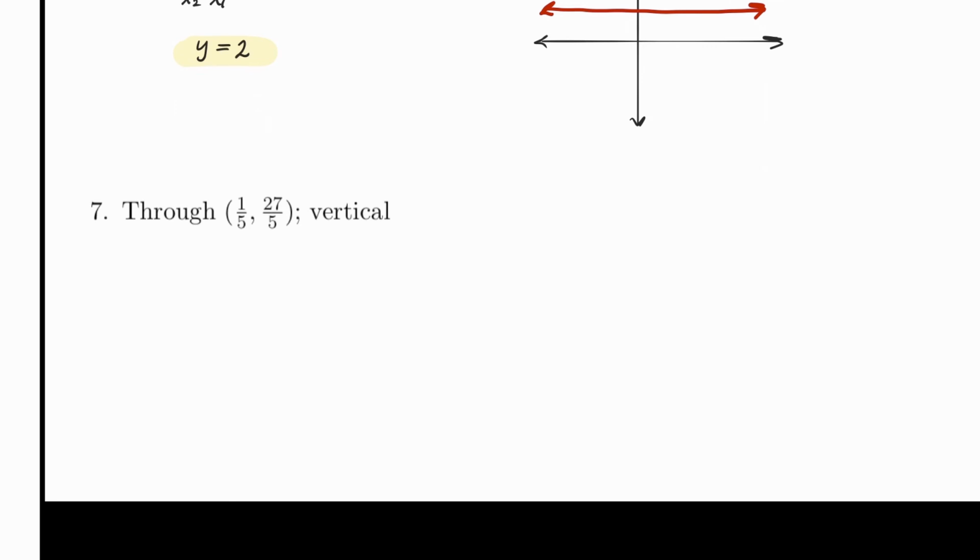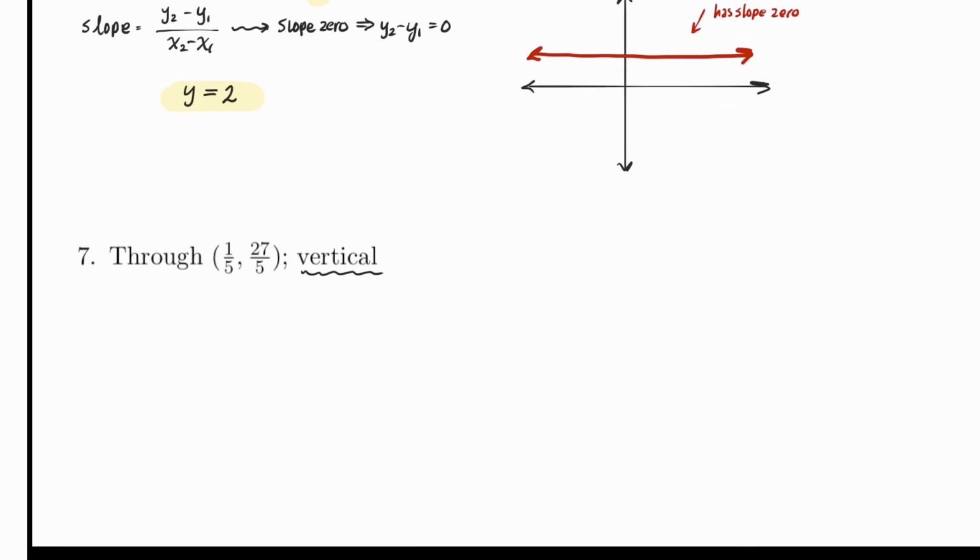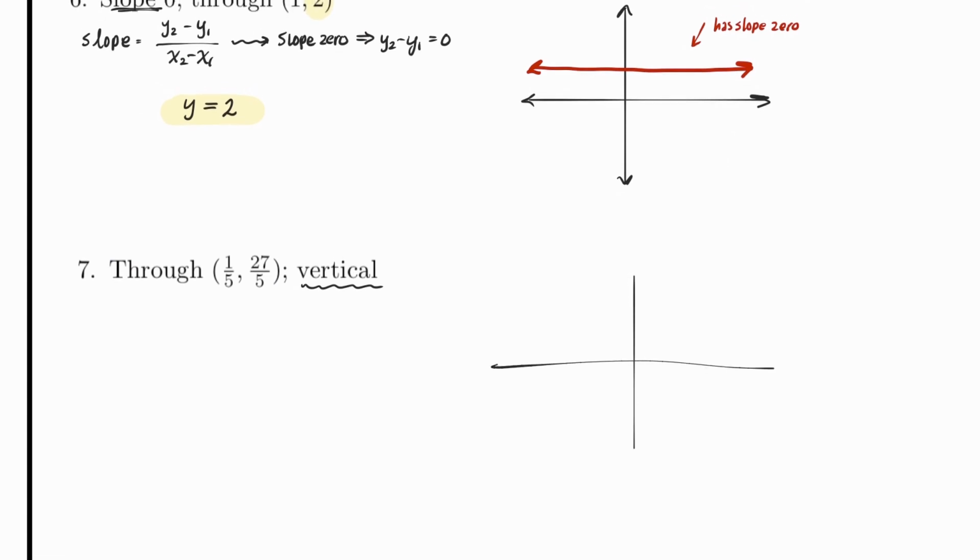And finally, I want the equation of a vertical line passing through (1/5, 27/5). Again, I'm going to draw my coordinate plane just for fun. We know that a vertical line is going to look something like that.